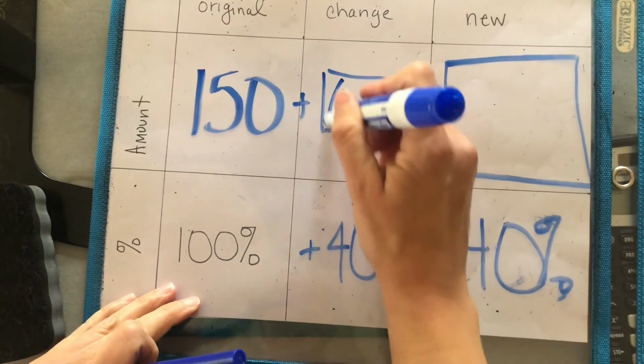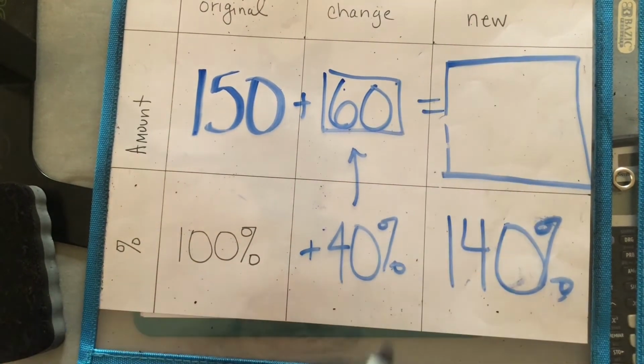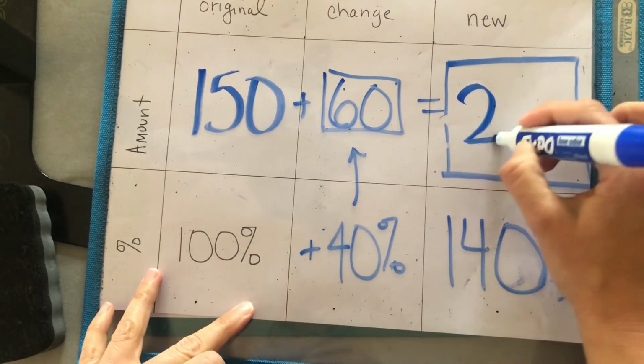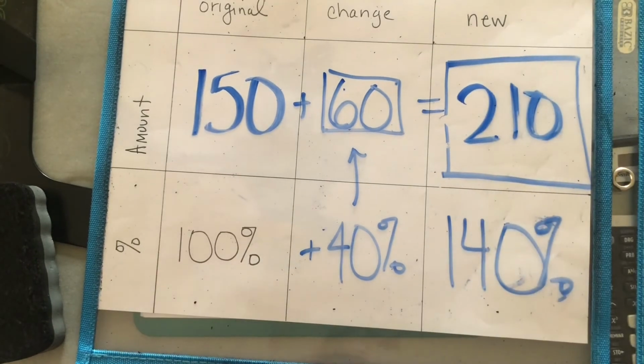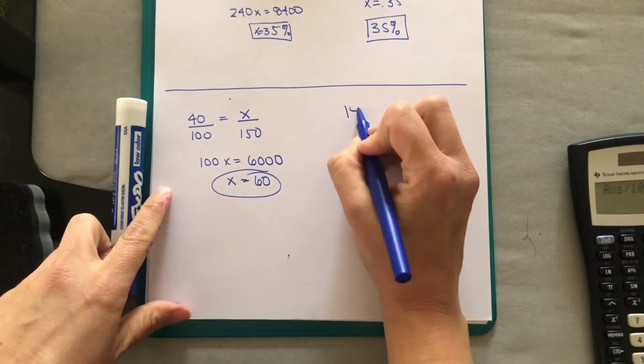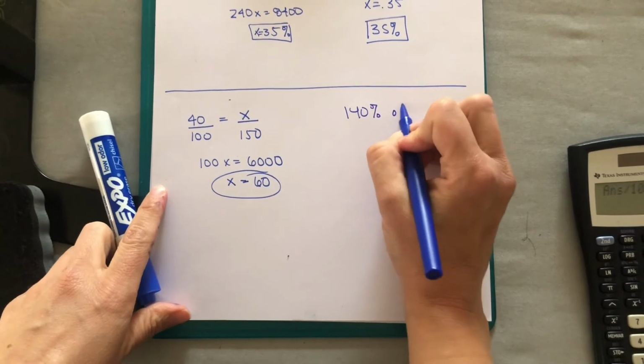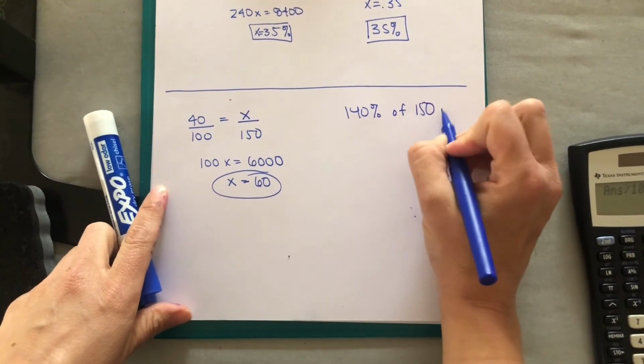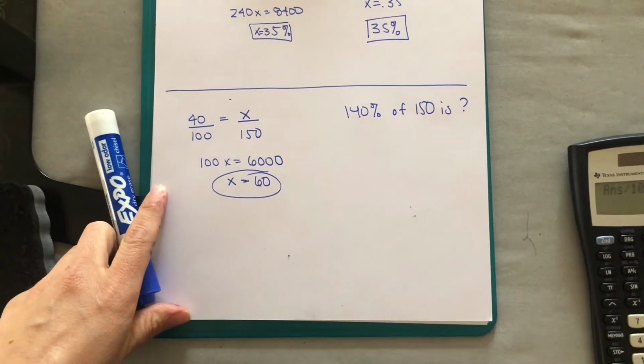So that means that this box here would be a 60 leva change, and my new amount would be 210. Now, let's say I wanted to use the other method. Let's say I wanted to find 140% of 150, and I want to know what that's equal to.